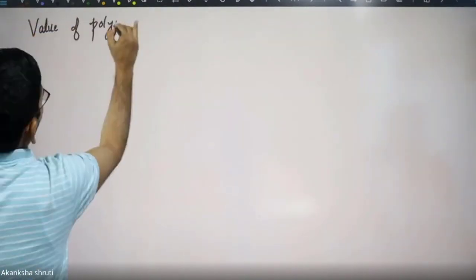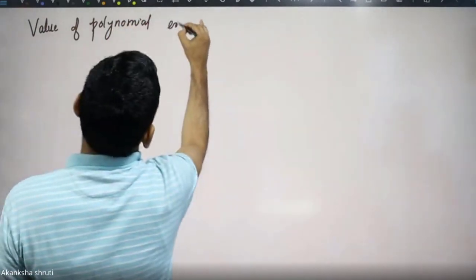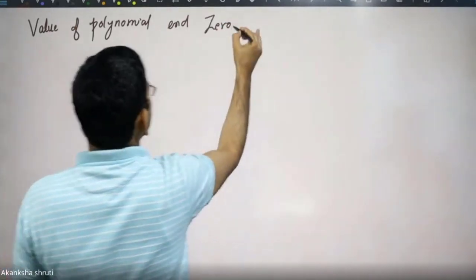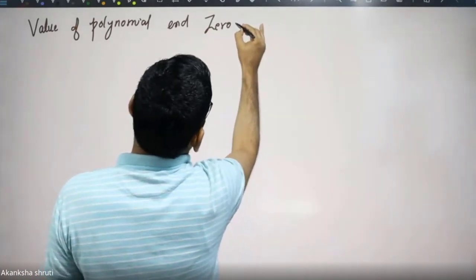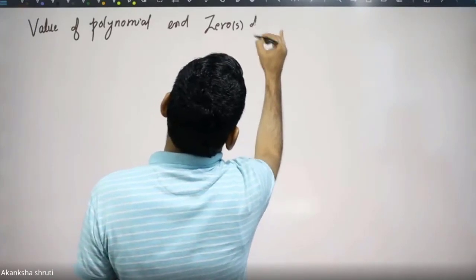One is called the value of polynomial, another is called zeros of polynomial. So write values of polynomial and zeros of polynomials. If more than one zero is possible, then it is called zeros of a polynomial.